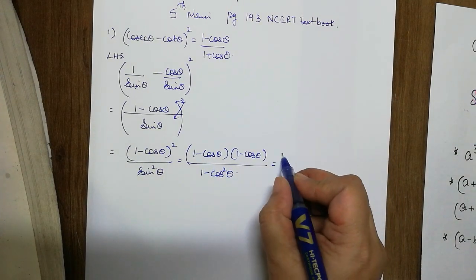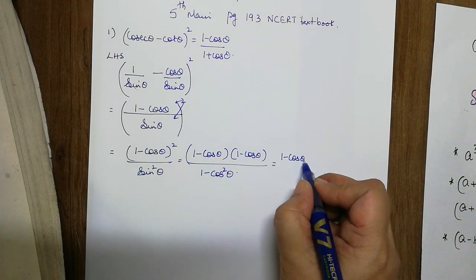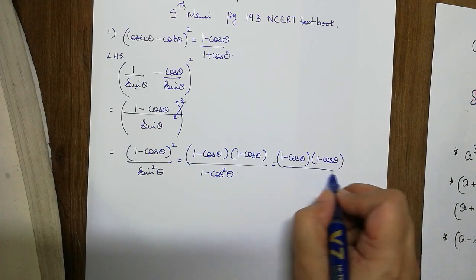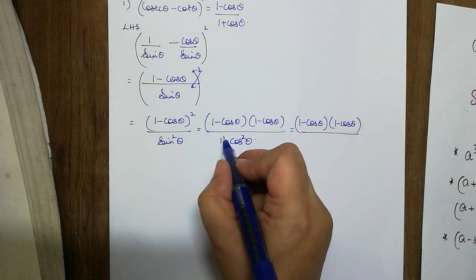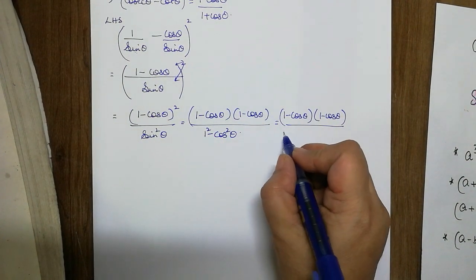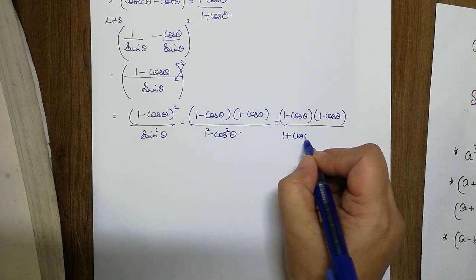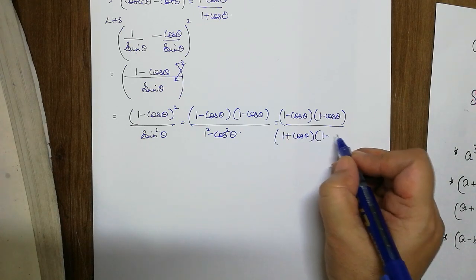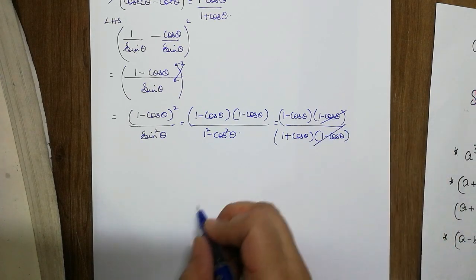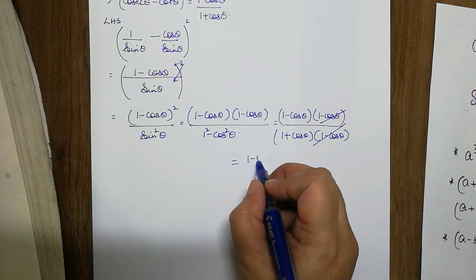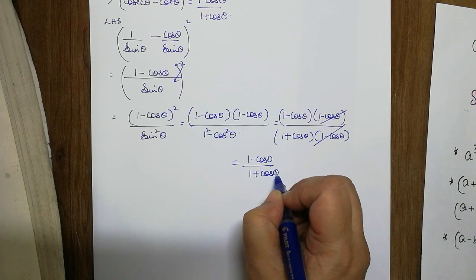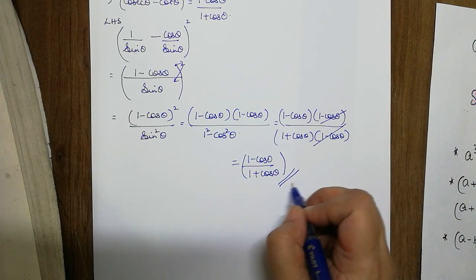So numerator is 1 minus cos theta whole square. Denominator, make this as a square minus b square, a plus b into a minus b. Cancel this, so therefore 1 minus cos theta divided by 1 plus cos theta. Proved.